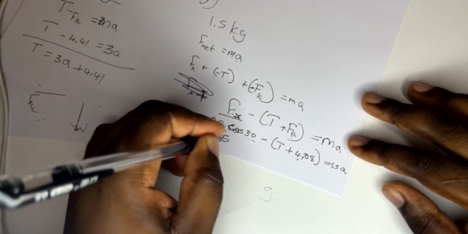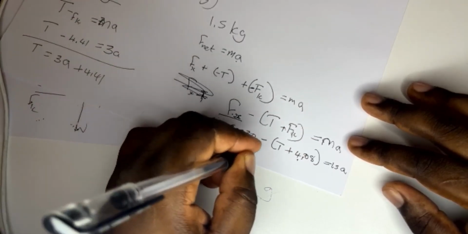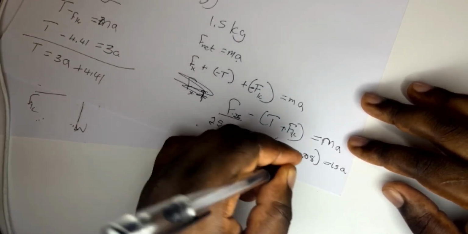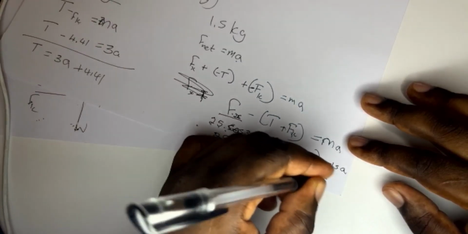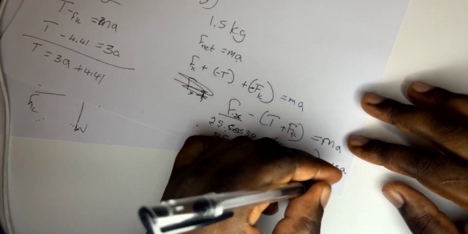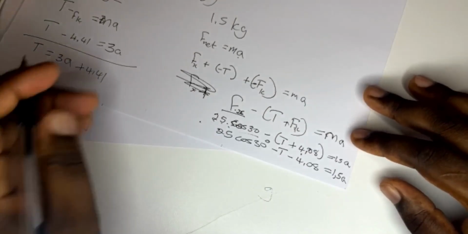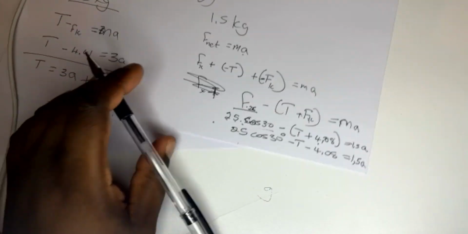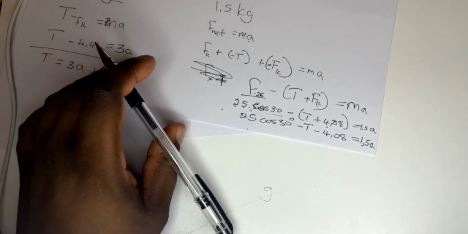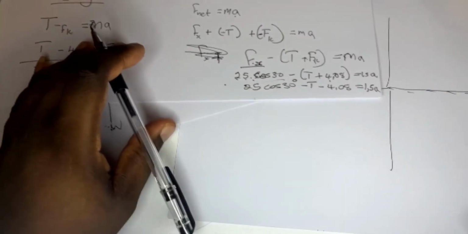Okay, let me just rewrite this, because some of you don't understand, and you're not willing to understand if we skip the step. And then from this point I extend it further to here.